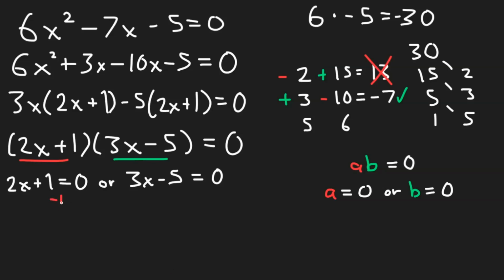Next, we just subtract 1 from both sides. Then we divide both sides by 2. We get one of the answers as x equals negative a half.